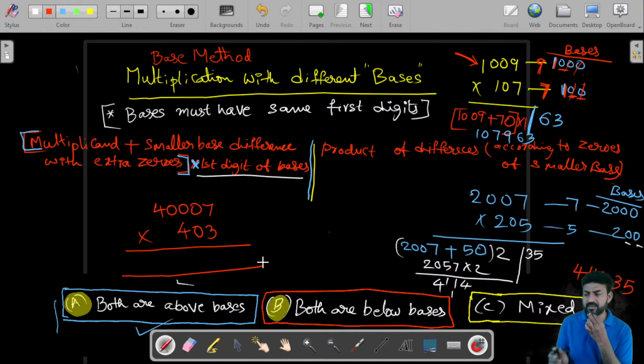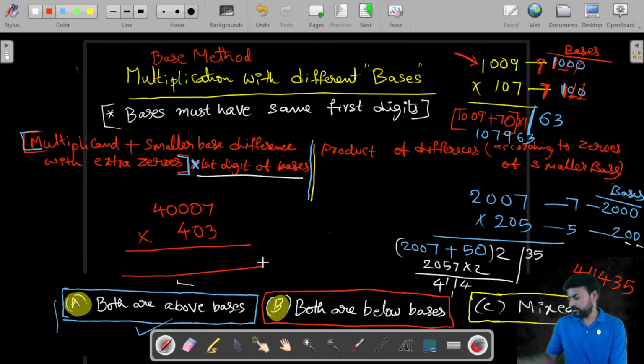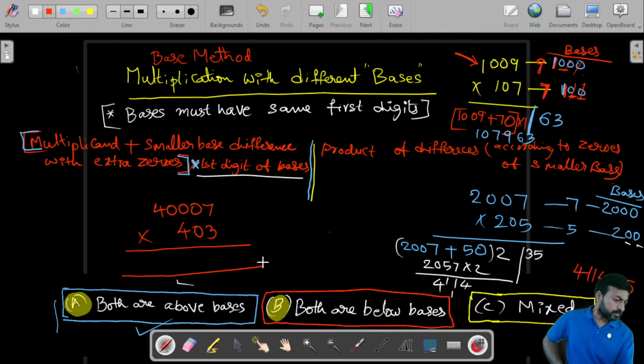Everyone must get the same answer. 41135. Yes, Nishant. Do this: 40,007 into 403. Do this multiplication.